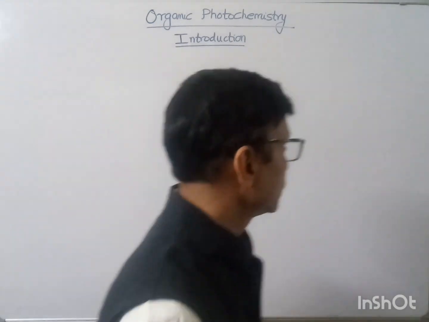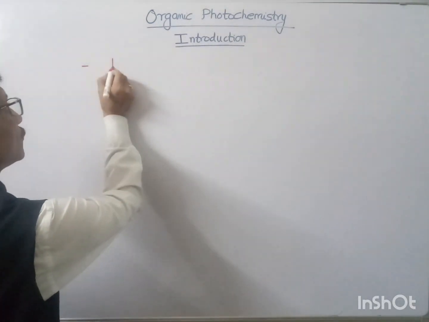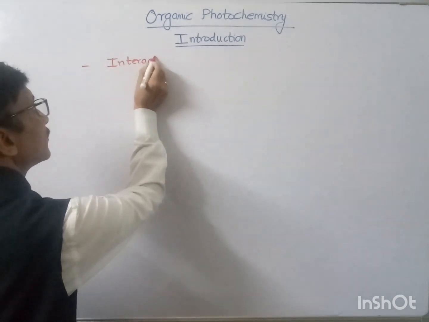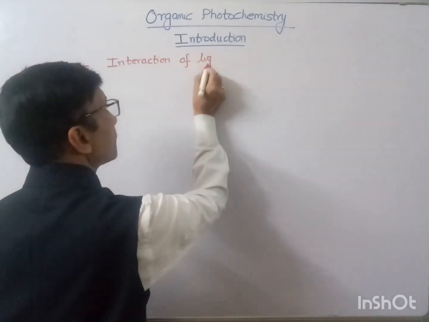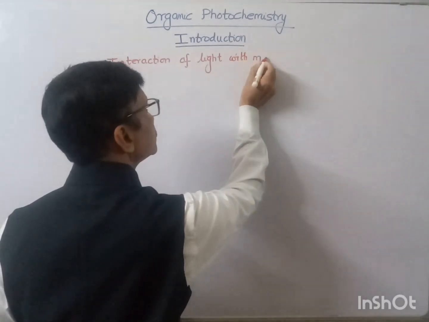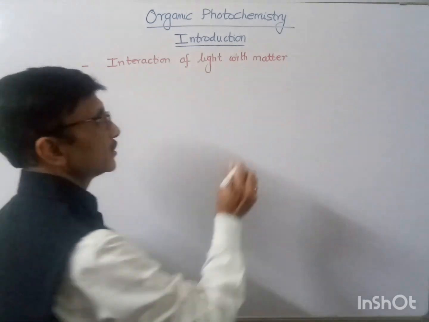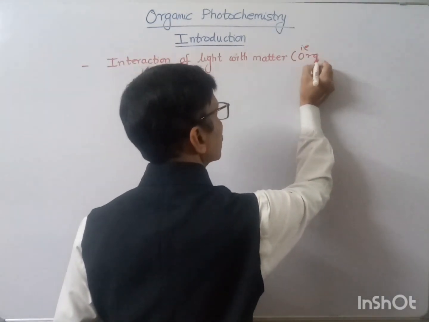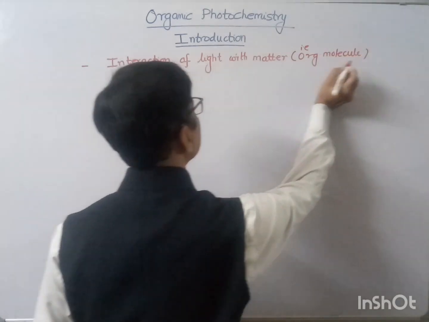So in the introduction, photochemistry is the interaction of light with matter. Usually here we are discussing only organic molecules, so we are concerned with the organic molecule over here.